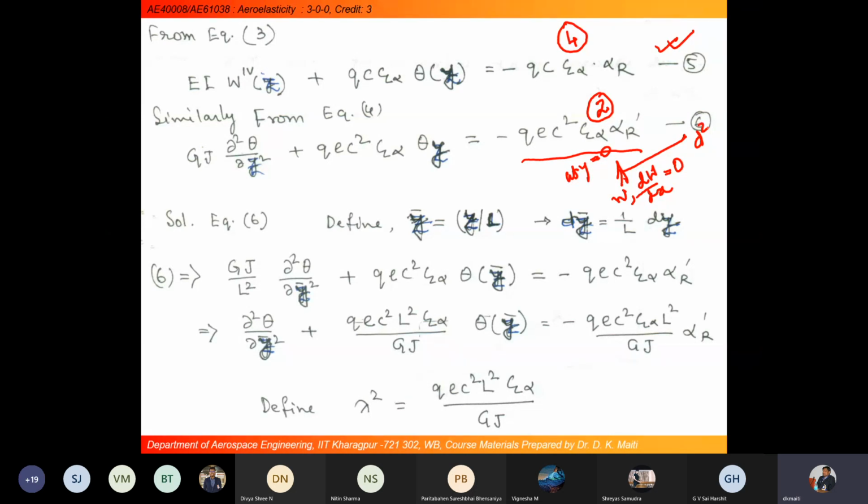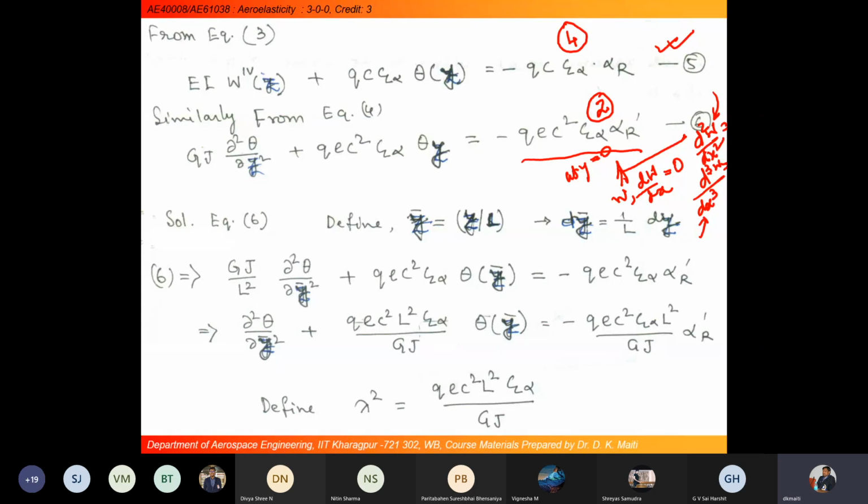So that's where we will be getting d2w by dx square equal to 0 and d cube w by dx cube equal to 0. This is the bending moment and this is the equivalent shear force.